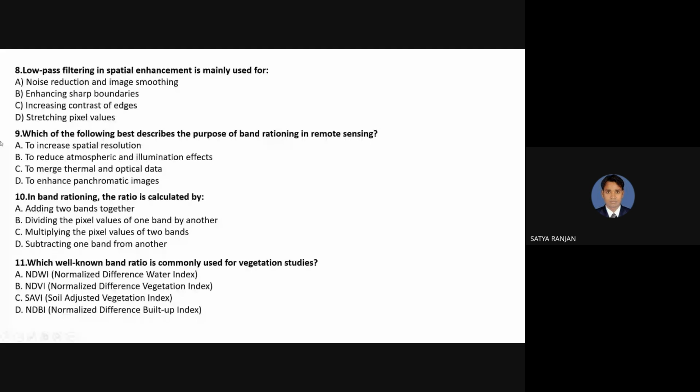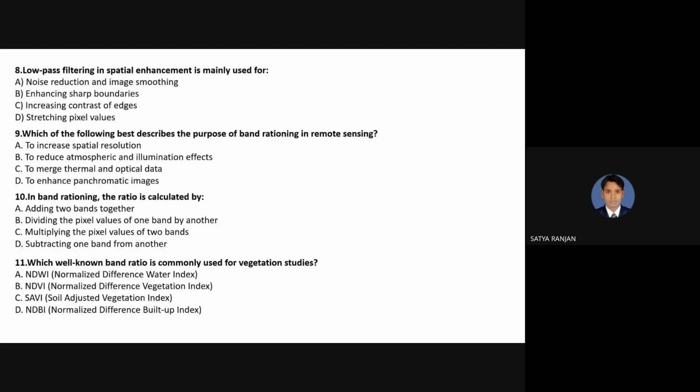Then there is the normalized difference built-up index, then NDVI, the normalized difference vegetation index, then the normalized difference water index. So NDVI is the normalized difference vegetation index, and another is for water, that is NDWI.